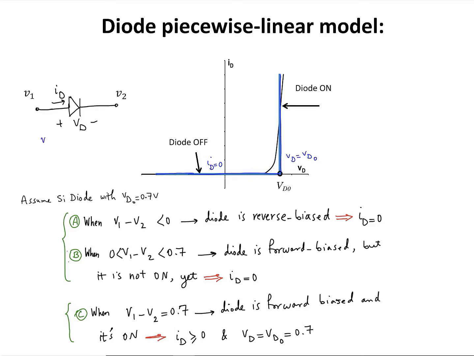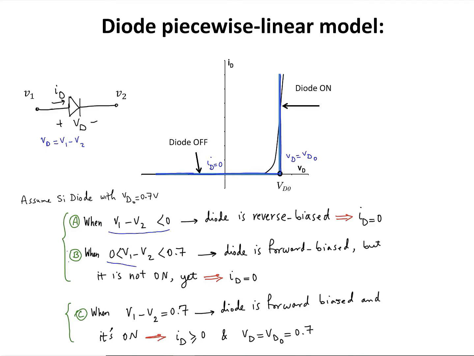Now I can write VD as V1 minus V2, where V1 and V2 are the node voltages at the two terminals of the diode. So assuming that we have a silicon diode with VD naught equal to 0.7 volts, if V1 minus V2 is less than 0, then the diode is reverse biased and ID is equal to 0.